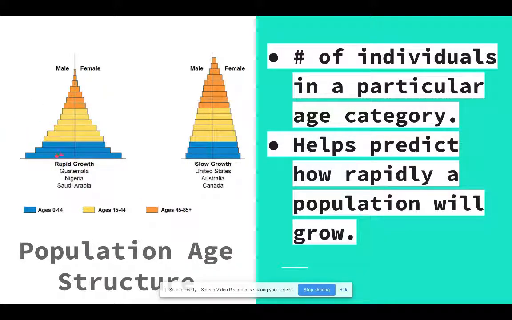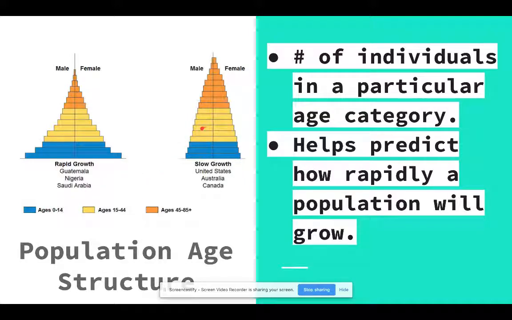If we look on the left, we have a large group of 0 to 14. These children are eventually going to get older and be that reproductive age. That's going to tell us those people are going to have children. That population is going to grow rapidly. Looking more over at the slow growth, United States, not a lot of people between 0 and 14.